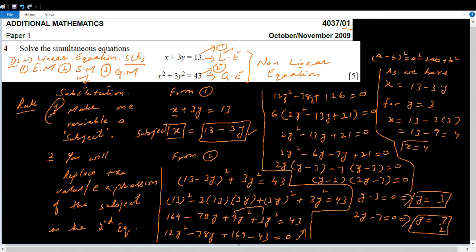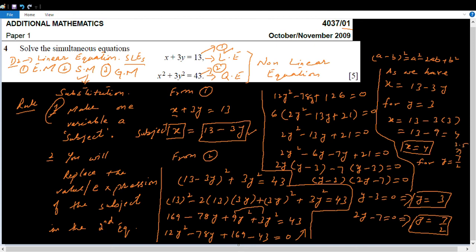And when y is 7/2, which is 3.5, you can also take it as 3.5.